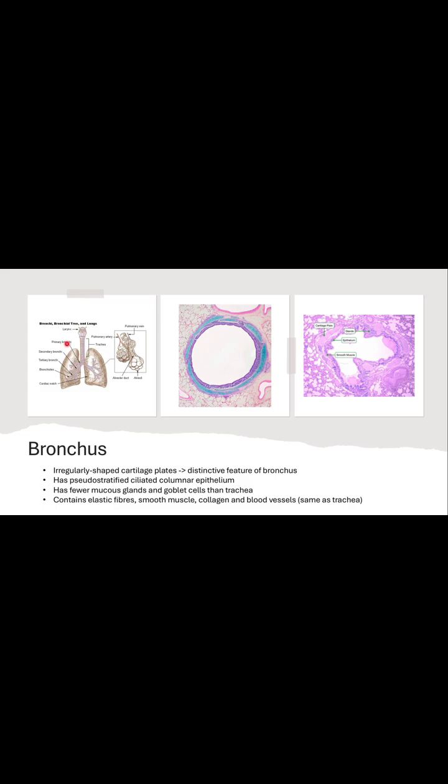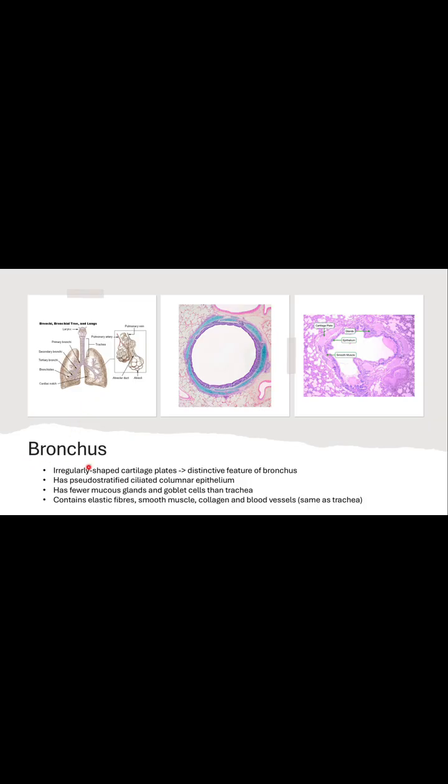And here we have the primary bronchi and the secondary bronchi, tertiary bronchi. We don't need to worry about those terms. The main thing that we need to know is that there are two bronchi branching off of the trachea, and these then branch further into smaller and smaller and narrower tubes.